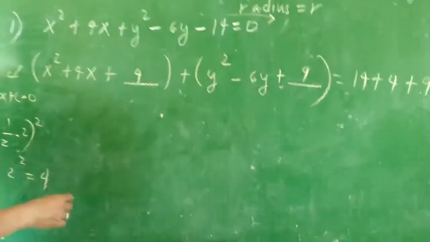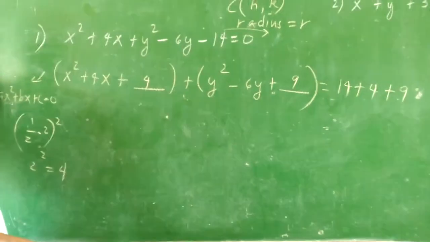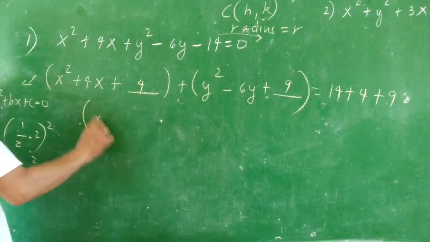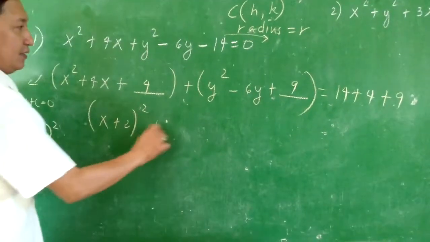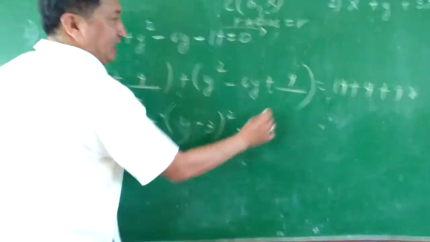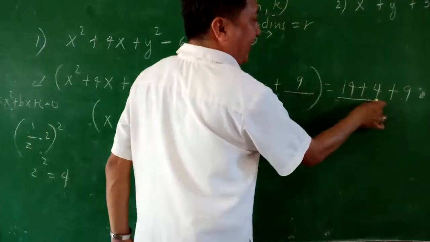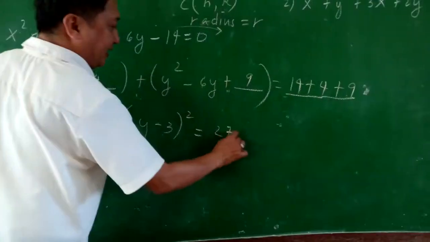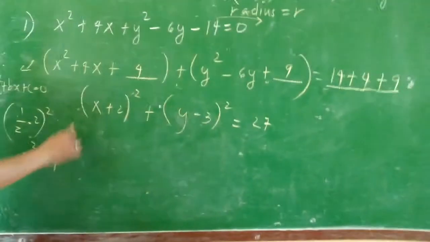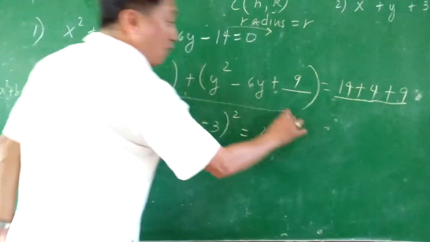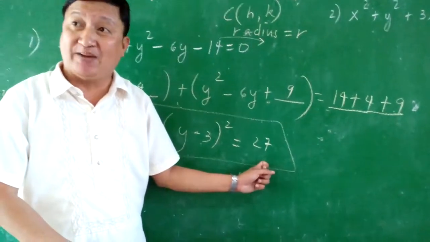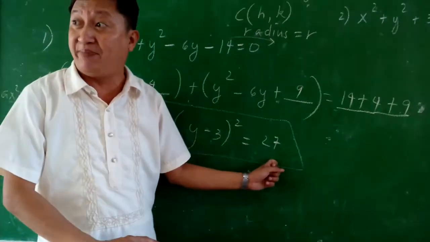So therefore, you will have the quantity of x plus 2 squared plus the quantity of y minus 3 squared is equal to 14 plus 4, 18, plus 9 is 27. And this can be the answer now. Or if you want, you can express this as the square root of 27.